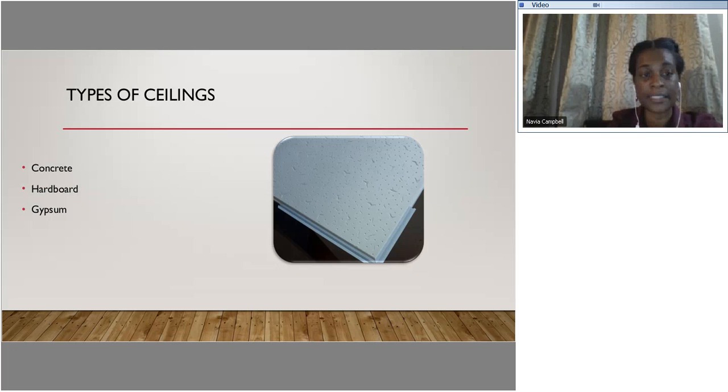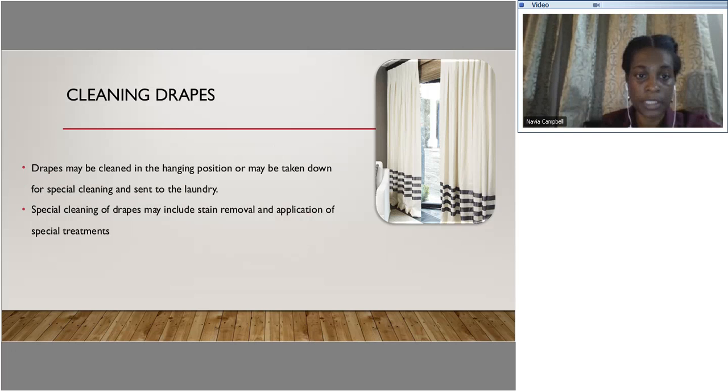Types of doors include wood, metal, and glass, or a combination of these. Ceilings are typically made from concrete, hardboard, or gypsum. In the example here, we are seeing a gypsum tile.